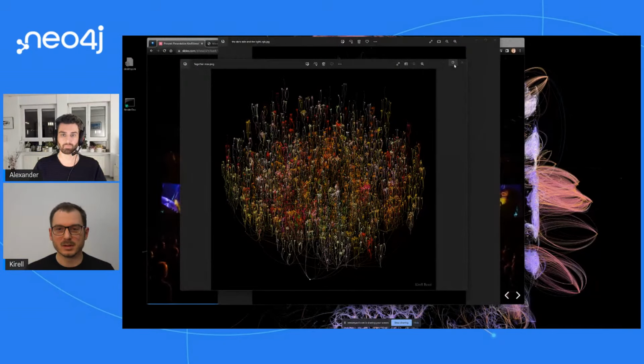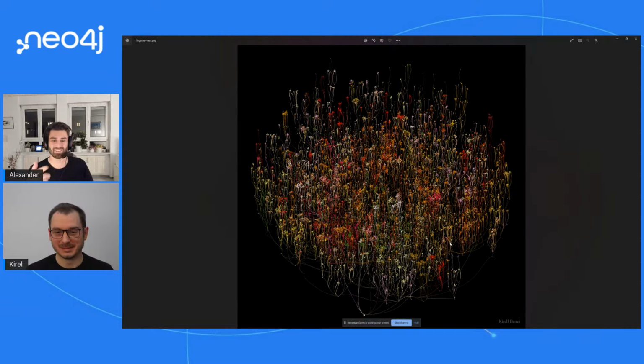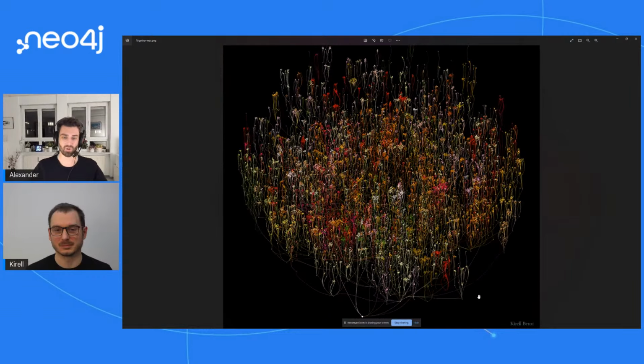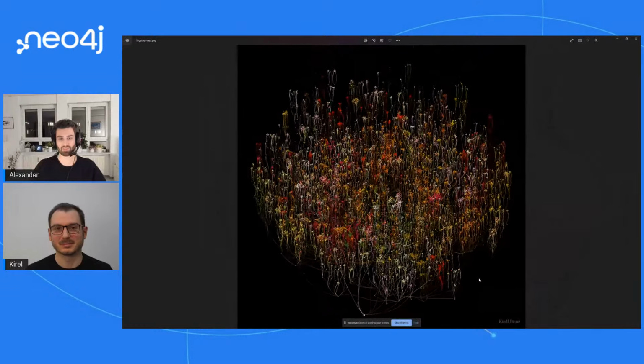So this one is pretty cool. I chose the examples, I tried to find cool examples. But when I look at this, it could be a picture hanging on the wall of a museum, because to me it looks very visually appealing.